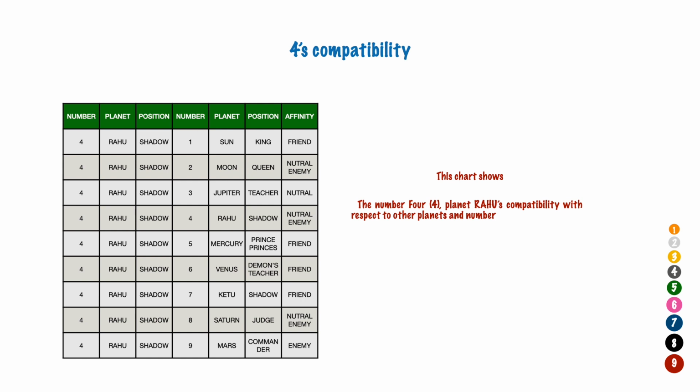Number 4, Rahu or shadow person with Saturn, so-called judge, they could be neutral or enemy, because as you can understand, the relationship here is with contrast. Number 4, Rahu, shadow. Number 9, commander in chief, they are enemy.